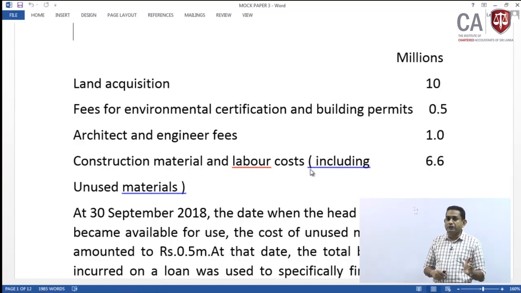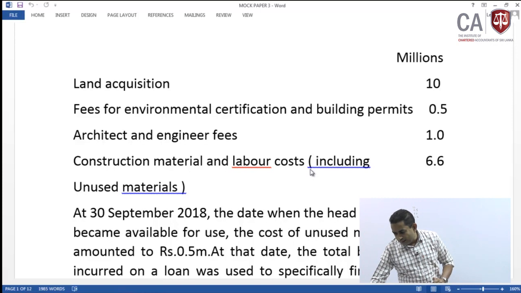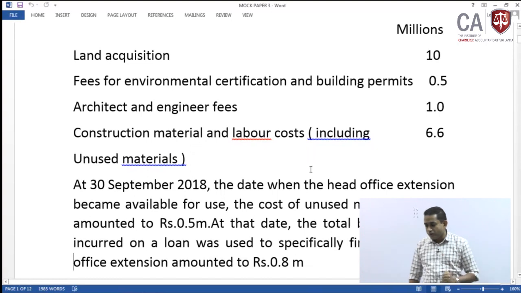And if you do the construction, this is a cost which you can't avoid, a directly attributable cost, 1 million rupees. Construction material and labor cost altogether, 6.6 million, should be taken as a directly attributable cost in preparing the asset to the required level.